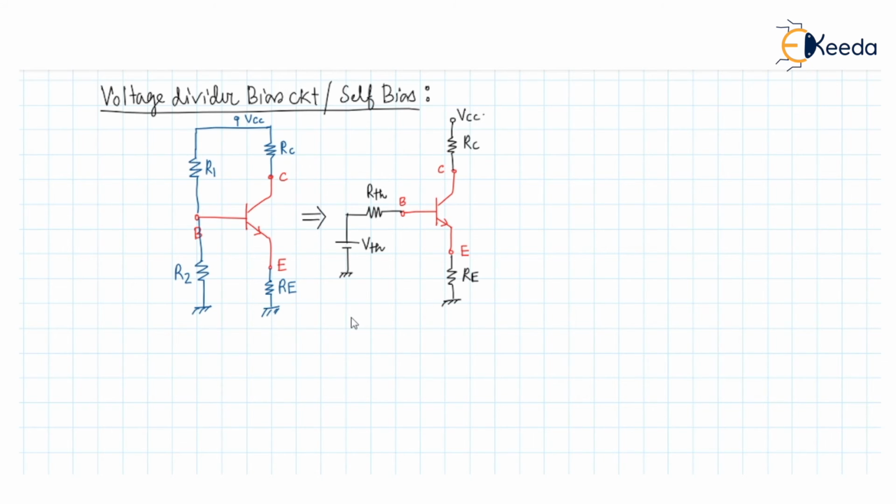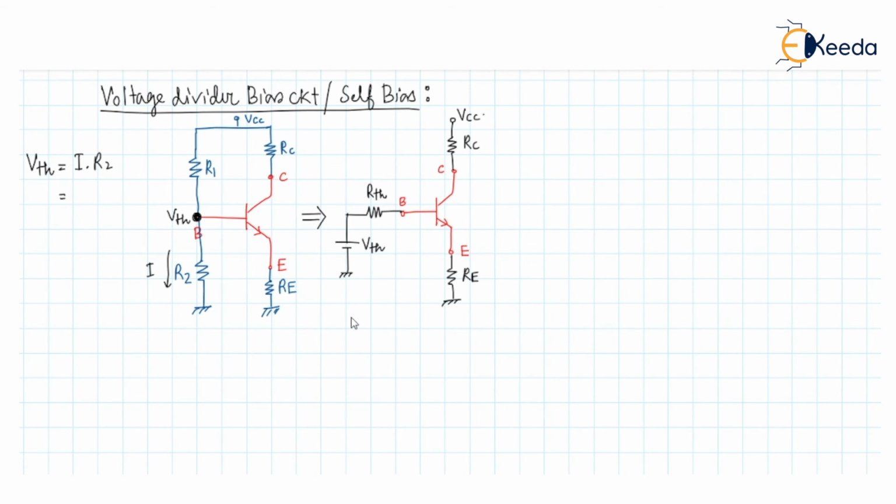Now, what will be the value of VTH? The VTH value is nothing but the voltage at this terminal, at this point. So we can find the VTH value from the current flowing through the resistor. If we denote the current as I, then I into R2 will be the VTH. What will be the current I?